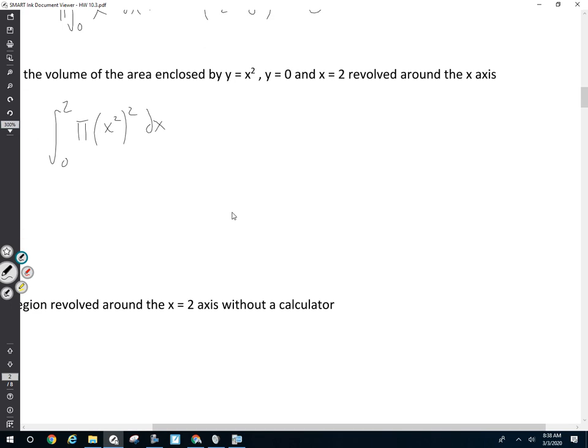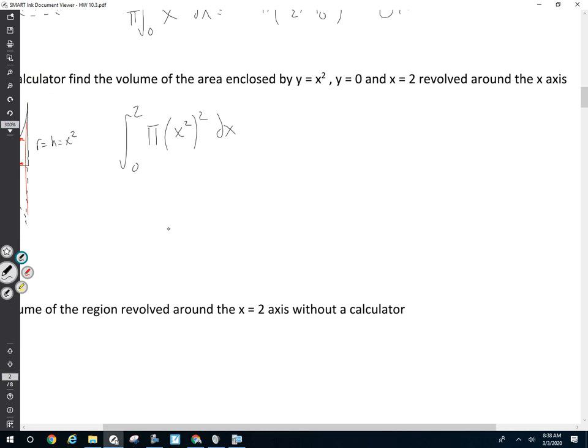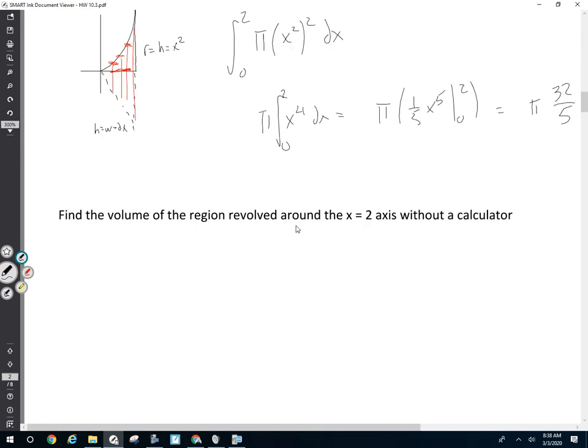We're doing this without a calculator. Great. So I get pi x to the 4th, 0 to 2. So I get pi times 1/5 x to the 5th from 0 to 2, which is pi times 2, 4, 8, 16, 32, 32/5 pi minus 0. Guaranteed that's the same thing.